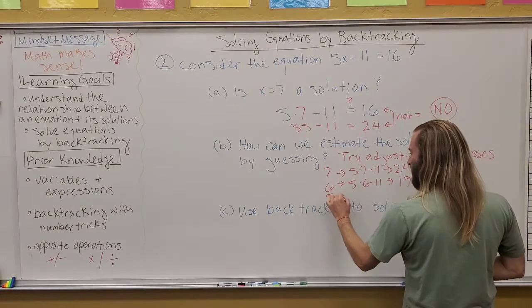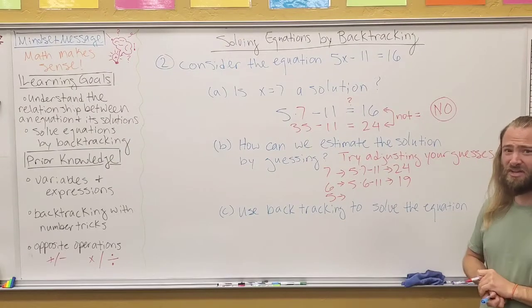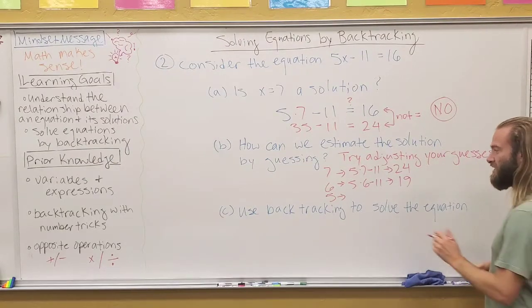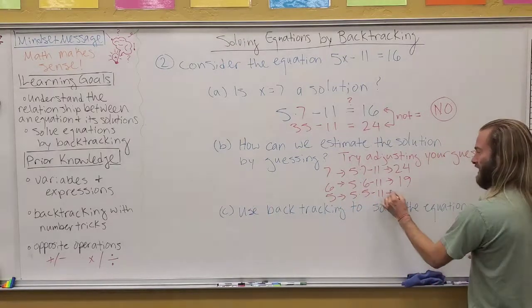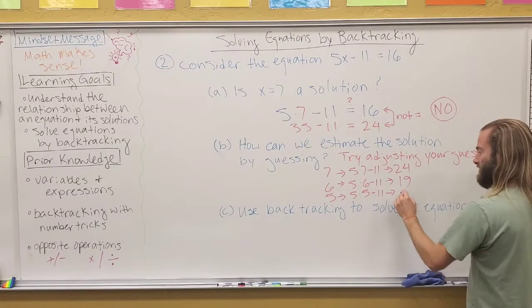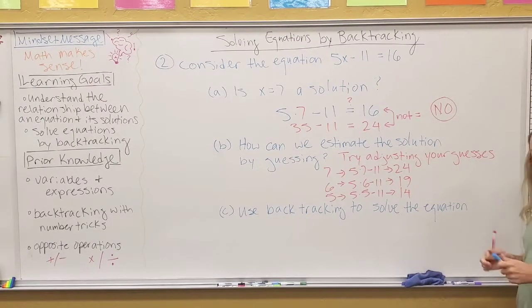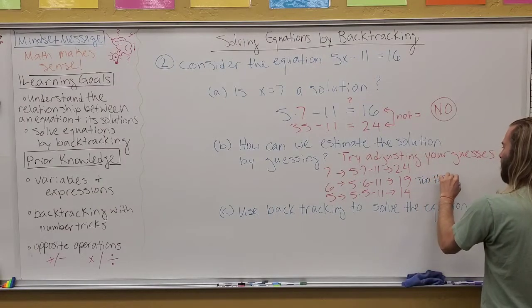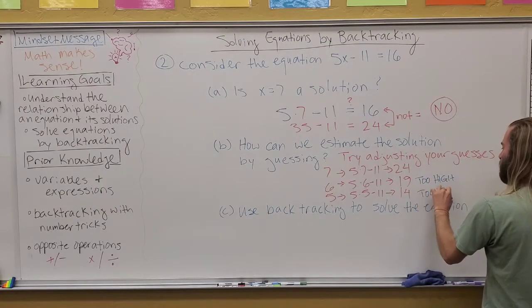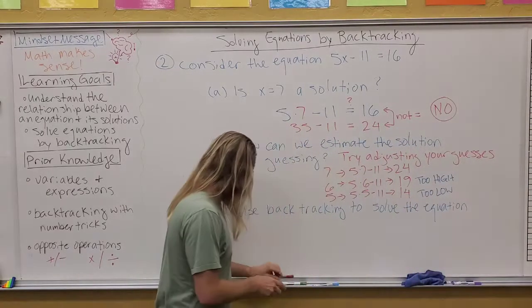Let's keep going down. You see I'm being methodical with my guessing? It's such an important skill, and we don't think about that very often. This becomes 5 times 5 minus 11 when I plug that in. And that's 25 minus 11, which is 14, which, wait a minute, we're now too low. So this right here is too high. This right here is too low. What's a conclusion we could come to based on this?